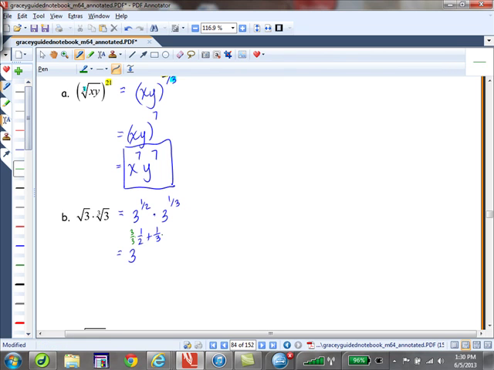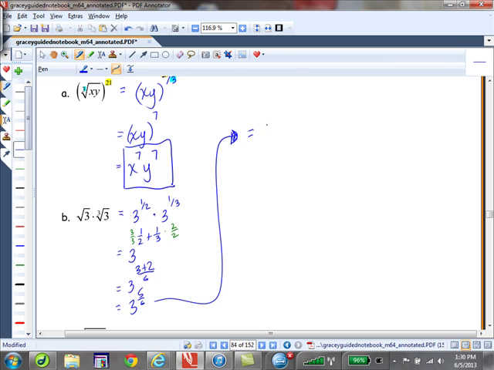Multiply the 1/2 by 3 over 3 and the 1/3 by 2 over 2, and I end up with 3 to the 3 plus 2 all over 6, which gives me a result of 3 to the 5/6.